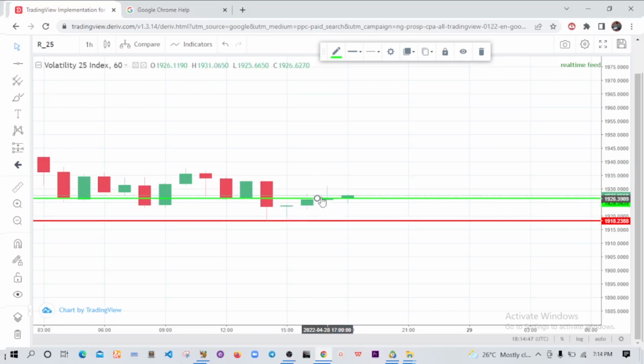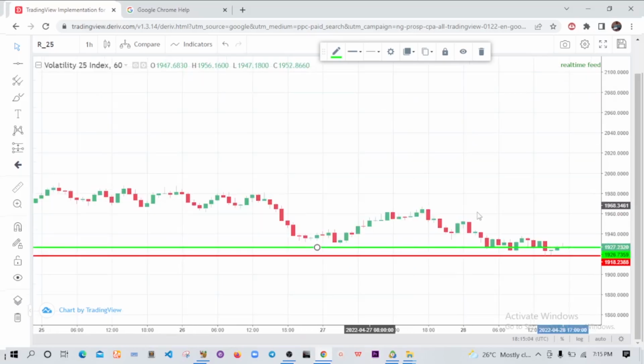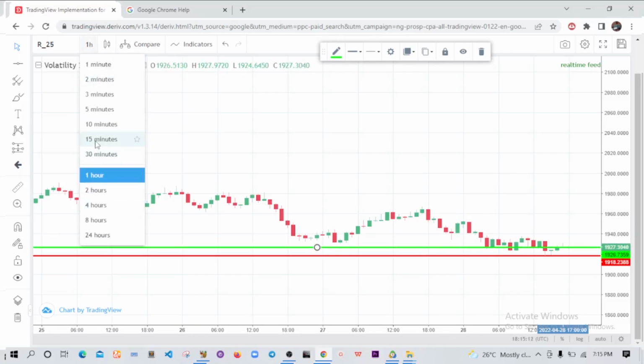Now if I should enter this trade here, we are still going to be profitable, the reason being that we discovered a dragonfly doji at this point, which is a bullish signal, all right. But I still needed to go down to my 15 minutes time frame to picture an entry. Let's go down to 15 minutes time frame first.